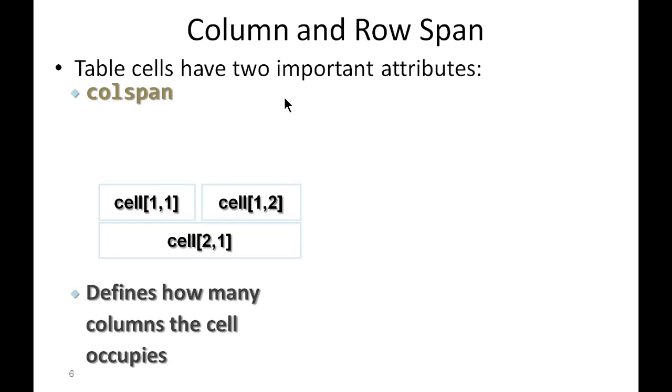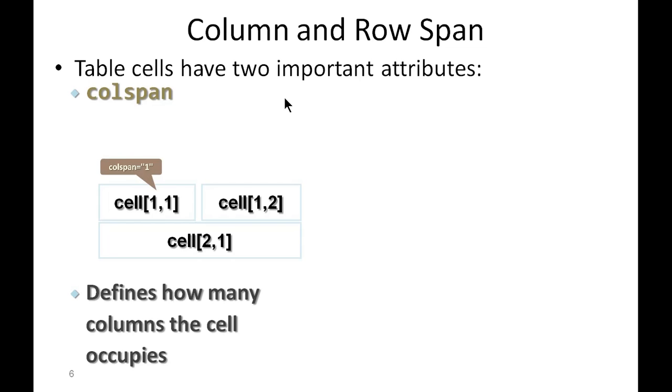So on the first line the two cells are occupying two columns, whereas on the next line a single cell is occupying two columns. You can see the difference.